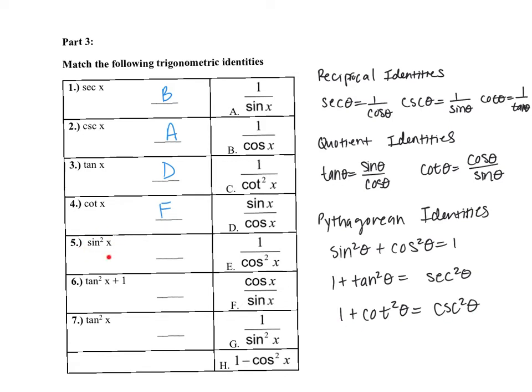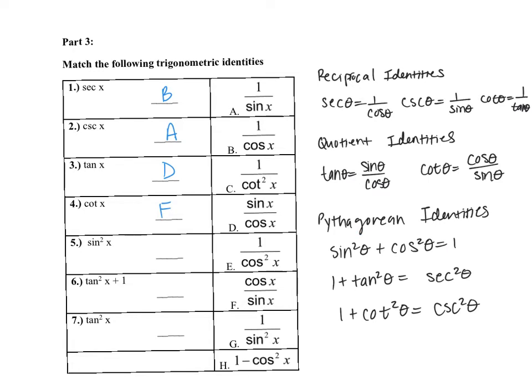The first one we have here is sine squared. And you can kind of see the identity doesn't have anything that looks like what we have except for this one here. So when I look at h, I start to notice this is 1 minus cosine squared, which is kind of like what we have.